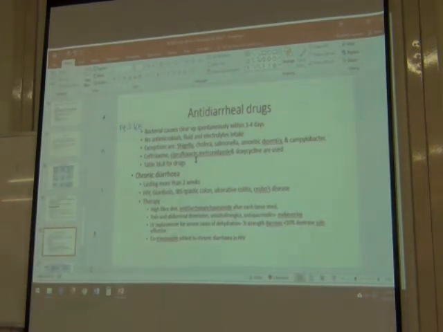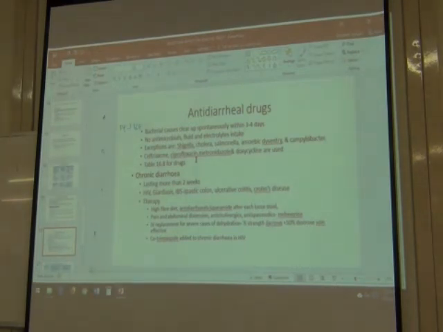Chronic diarrhea is usually associated with some other underlying condition. It is diarrhea that lasts for more than 2 weeks. One of the common causes is HIV infection, giardiasis, or a problem with the bowel, like spastic colon, irritable bowel syndrome, and other such conditions. How do you treat chronic diarrhea?